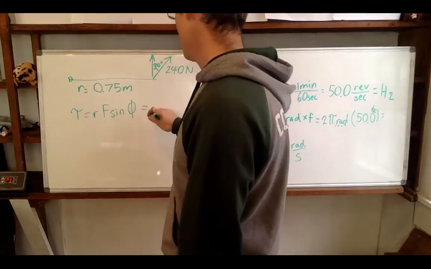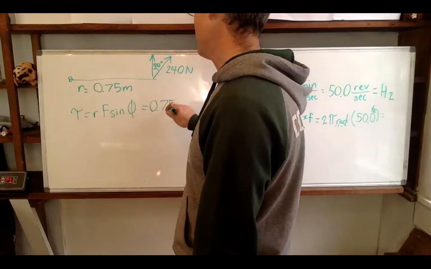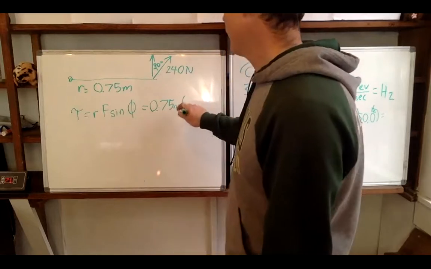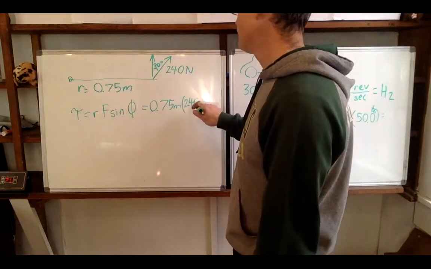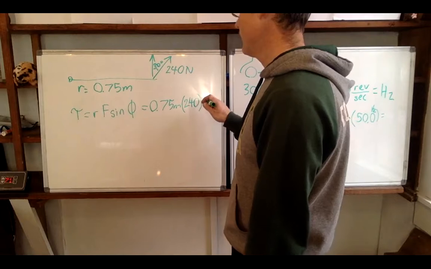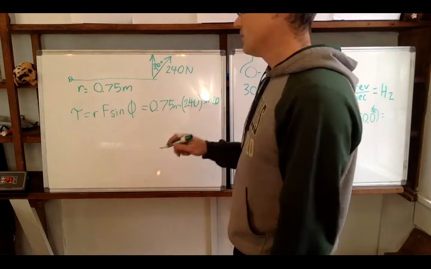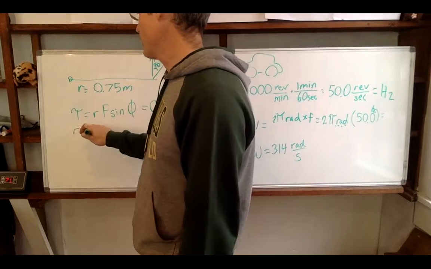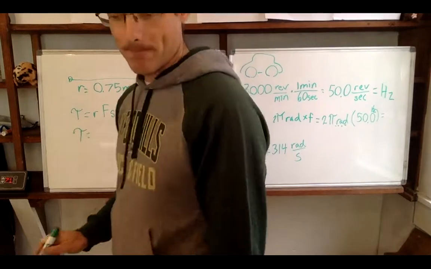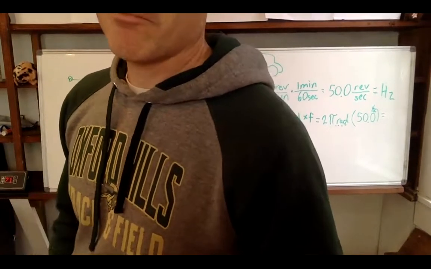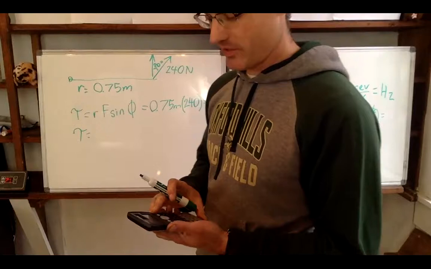Okay, so our radius is 0.75 meters. Your force is 240, that's newtons. And your sine of 20 degrees. So what is our torque equal to? I don't know, that's what the question was. Let's find out.